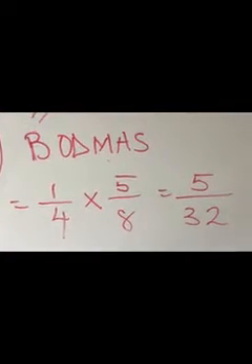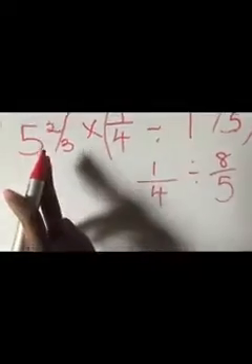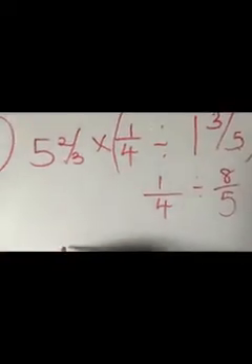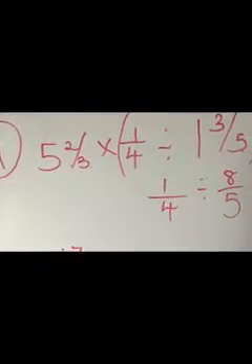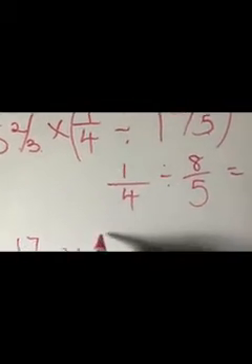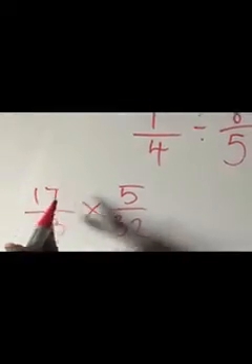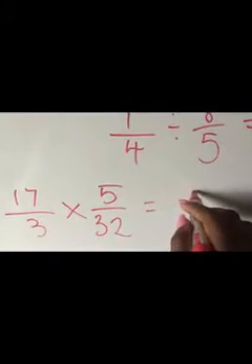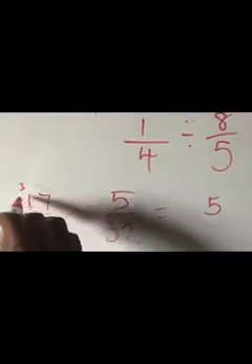So that is 5 over 32. And this is not our answer because we still have something here to solve. So let's turn this to improper fraction. 3 times 5, 15 plus 2, 17. 17 over 3 times 5 over 32. 17 times 5: 7 times 5 is 35, 5 carry 3. 5 times 1 is 5, 5 plus 3 is 8.